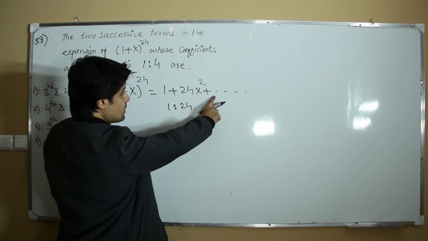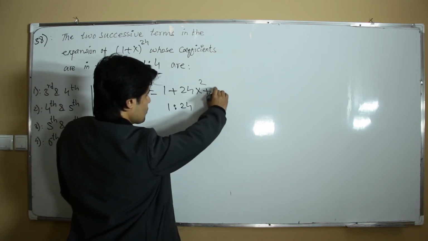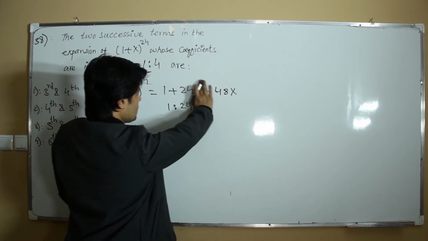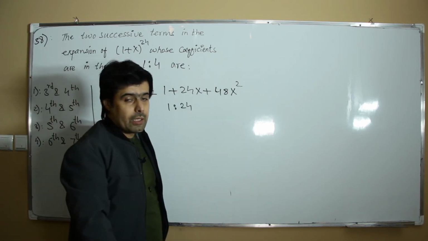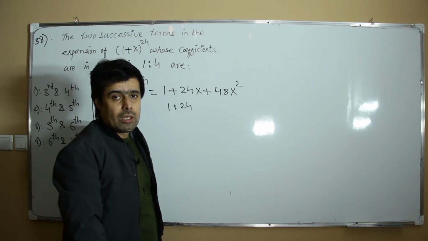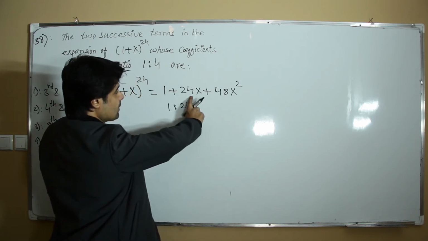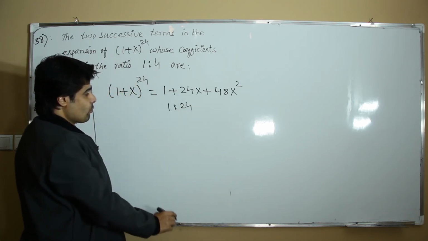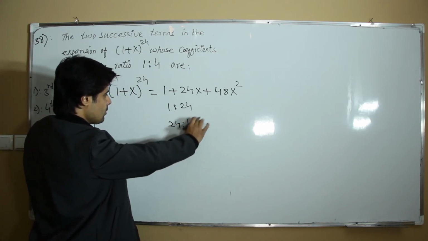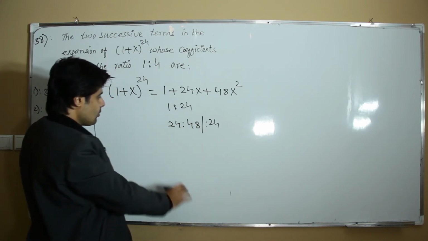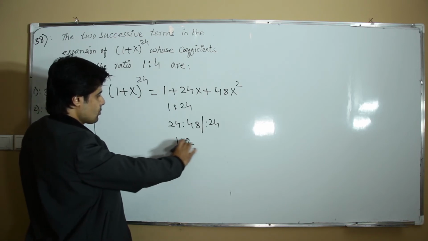If the third term is 48x squared, I don't know whether the third term is or not, but if it is, now the second and third terms are in which ratio? It is 24 to 48. Both are divisible by 24, so you have 1 to 2.